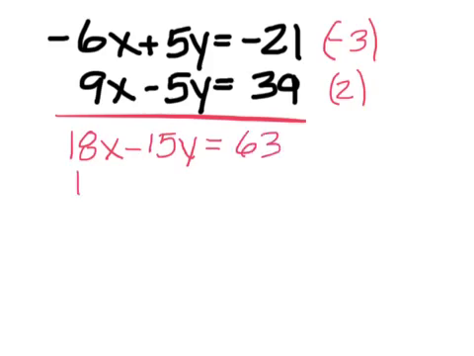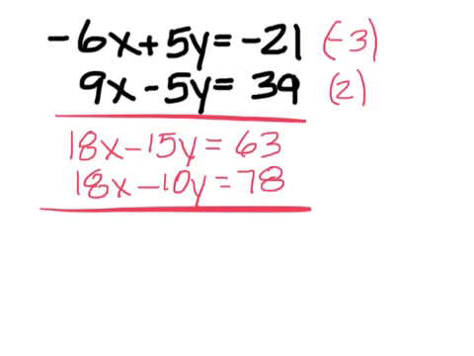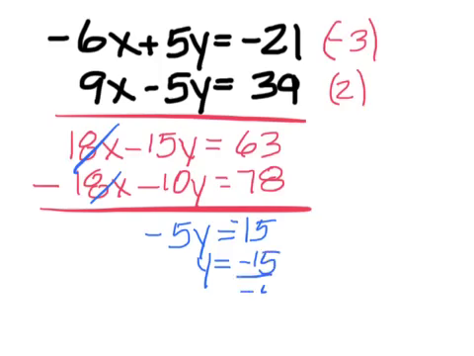And on the bottom it's 18x minus 10y equals 78. So subtract. These cancel out. Negative 15 minus a negative 10 is negative 5y. And then 63 minus 78 is going to be a negative 15. So divide negative 15 by negative 5 and come up with a positive 3.